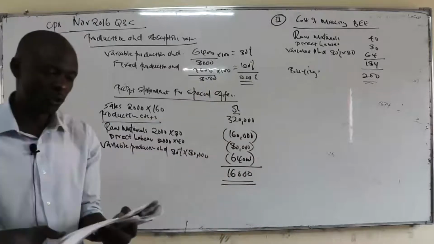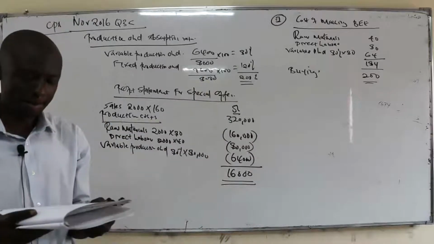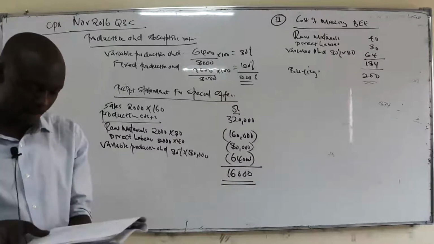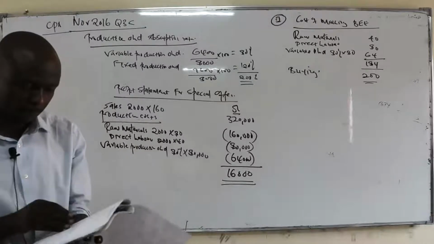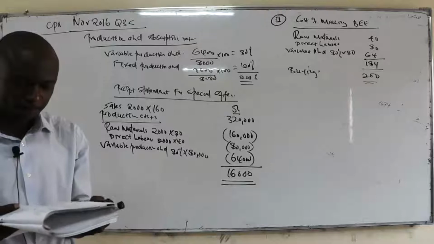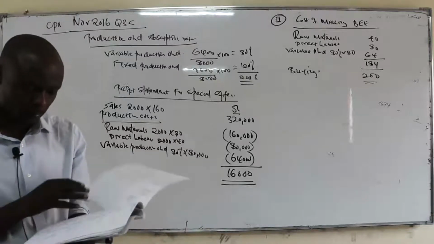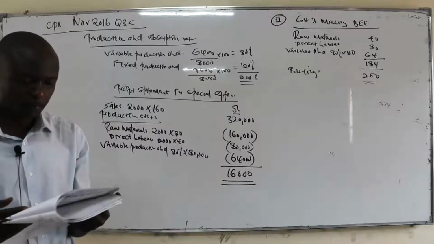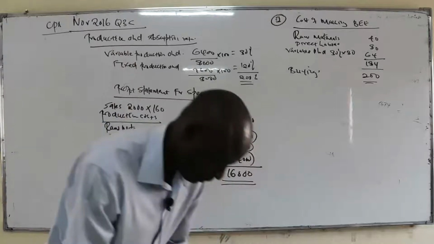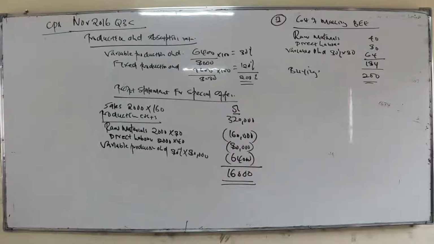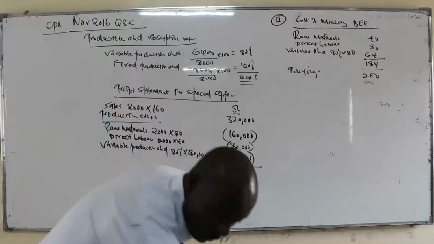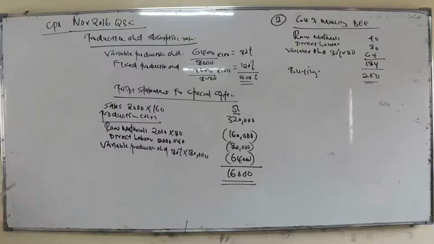That is November 2016, question number 3C. Then make or buy decisions again, November 2013.